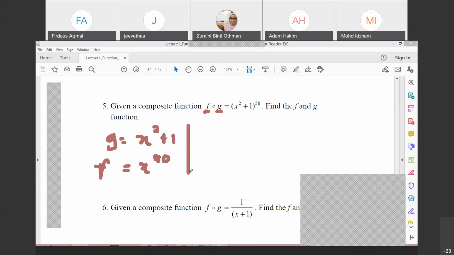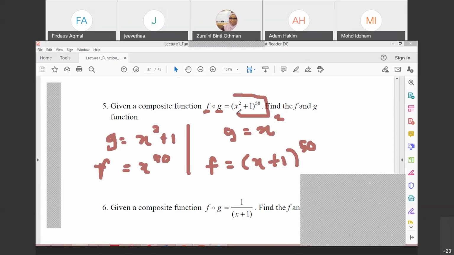This is one answer. Another answer dia boleh jadi apa? Kalau G kamu letak dia sebagai X kuasa 2, then our F can be what? Our F can be X plus 1 power of 50. Maksudnya letakkan G ni balik dalam F, kamu akan dapat this final answer.